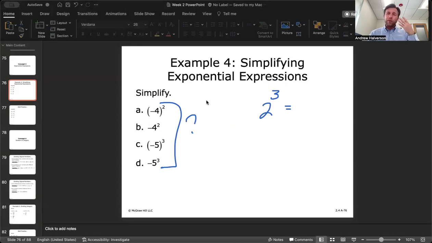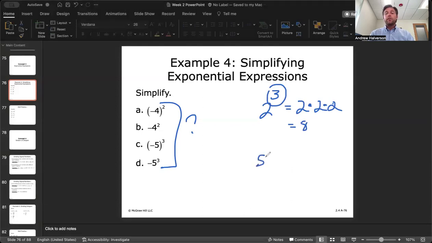Or another way to think of that is to say, I want 3 copies of the 2. Okay, 2, 2, 2, and you multiply them. That's what that means. This is how many 2's you're going to multiply together. So we have exponent of the 3, we're going to multiply 3 2's. And so we do 2 times 2 times 2, and we get 8.